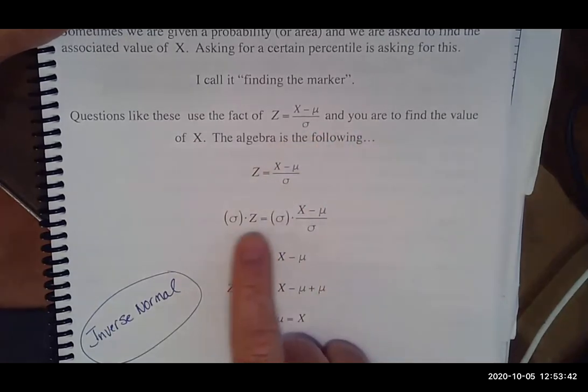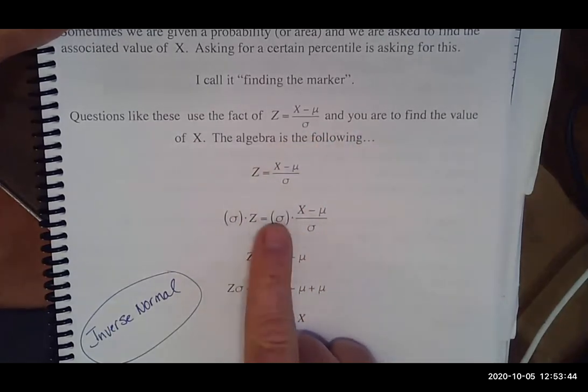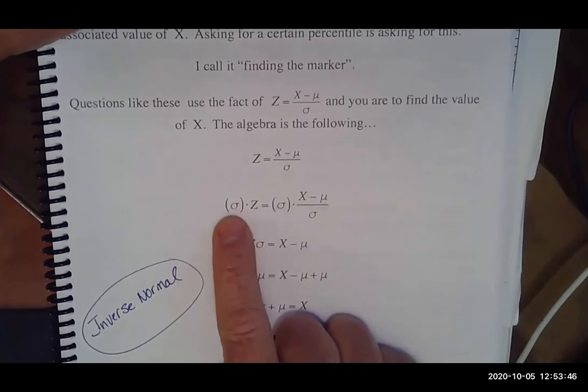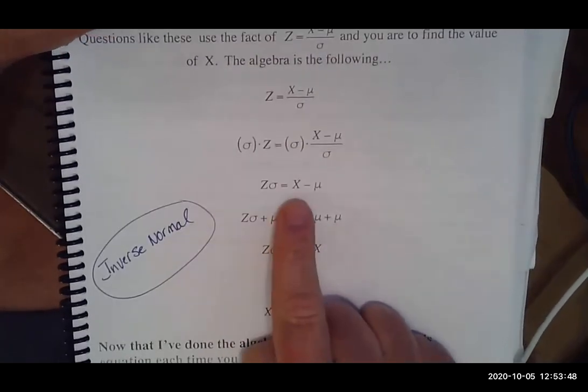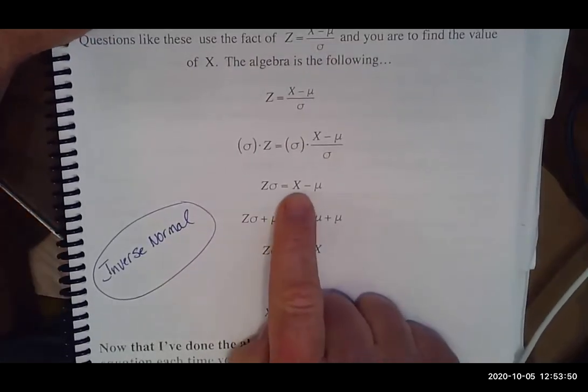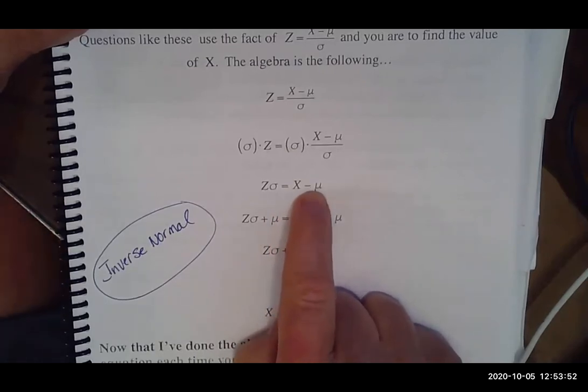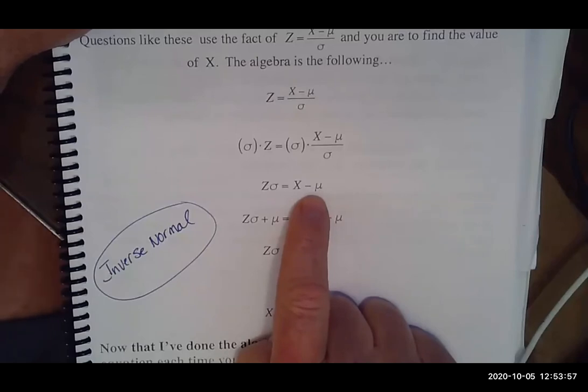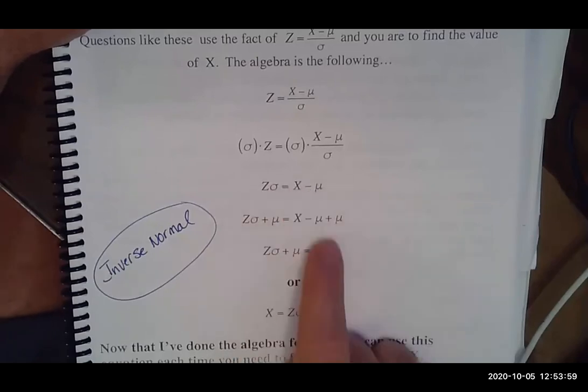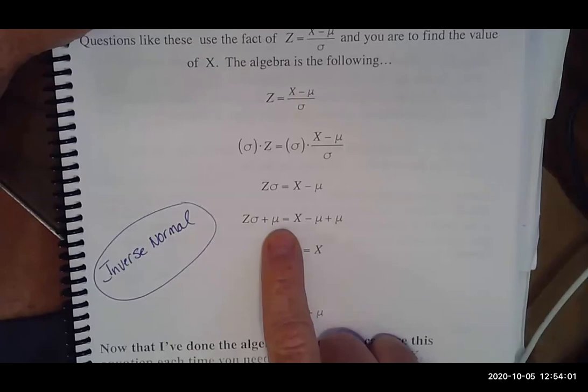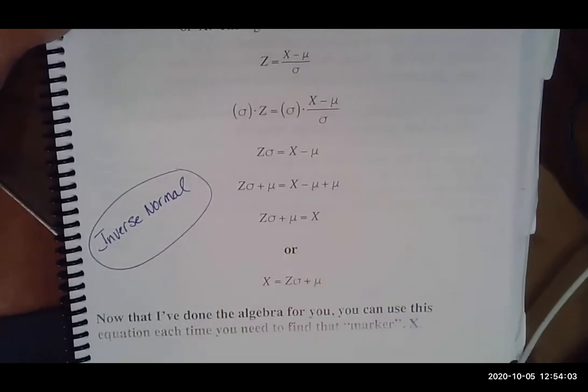A little bit of algebra right there. Then you get this result. How do I move that mu to the other side? You add mu to both sides, algebra again. So then you get your x all by itself.